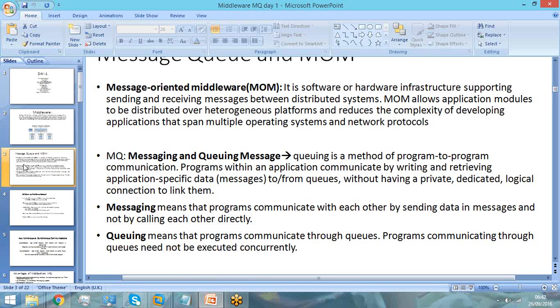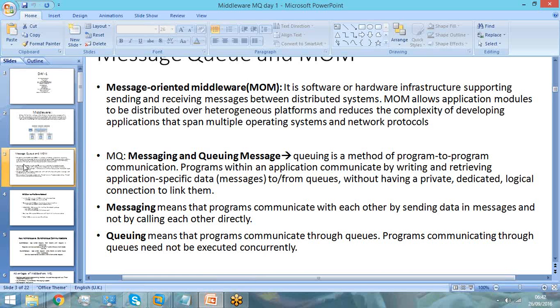MQ software can be installed in different operating systems: Linux, AIX, mainframes, Windows. Any OS platform available in the market, MQ can be installed. And your application can be written in any programming language.